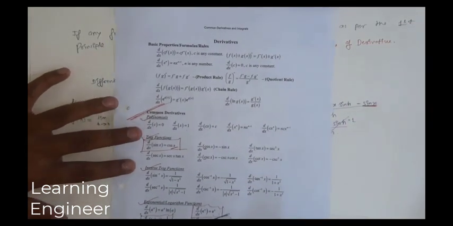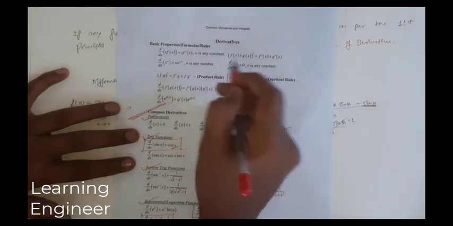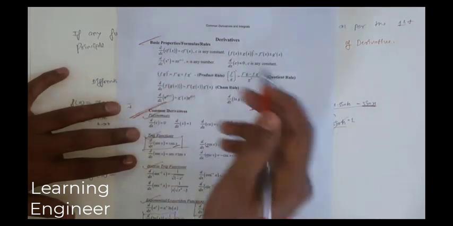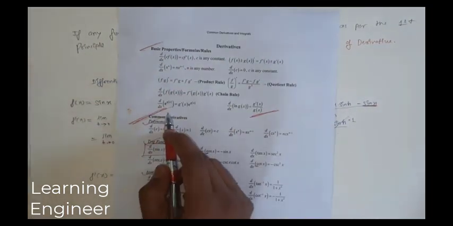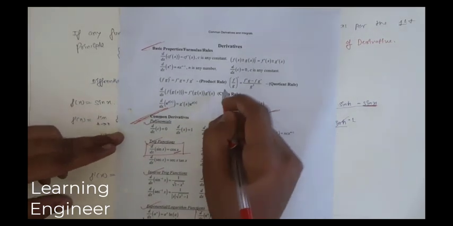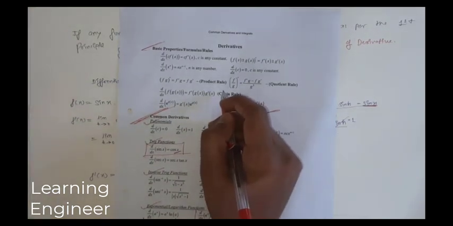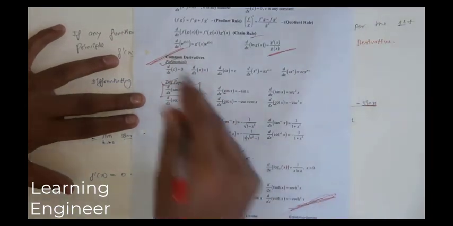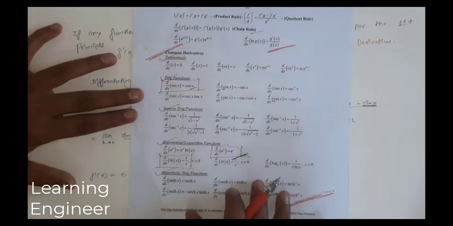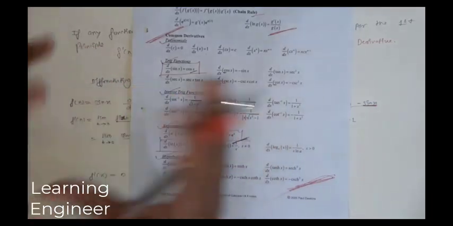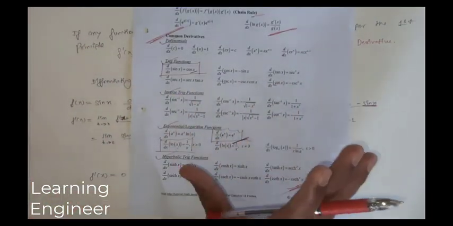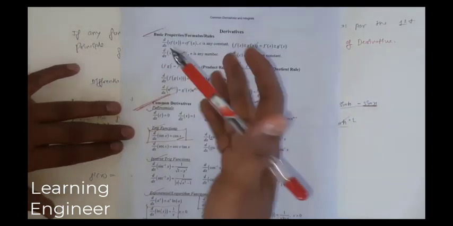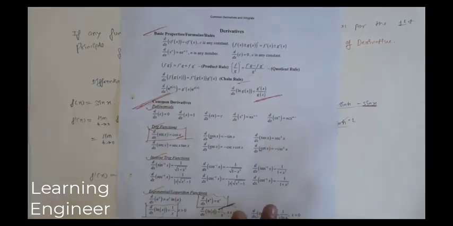Now there are some basic properties, basic rules, that we should also know. That is the derivative of a into b, which is known as the product rule, and that is another formula. So when we are able to remember these concepts and formulas, and we are able to solve the basic numericals, we are able to crack the basic problems, then after that we can go for these basic properties, basic rules of the derivative.